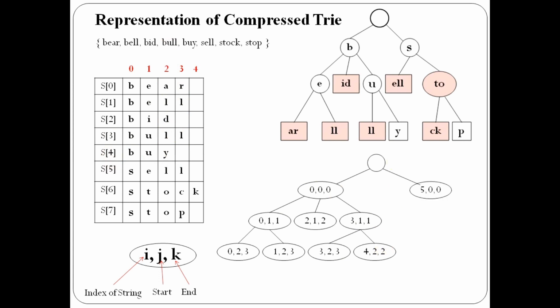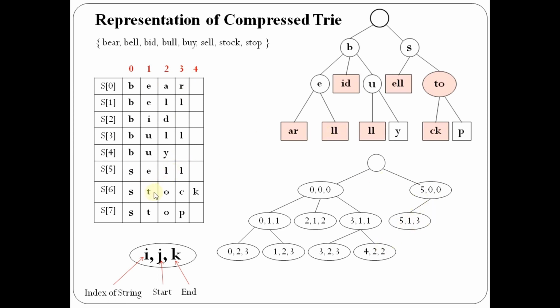Now for the S, it appears in string 5. So string 5 starting position is 0, ending position is 0. So I have mentioned here 5, 0, 0. For ELL, the string index is 5. It starts from the location 1 and ends at location 3. So I have mentioned here 5, 1, 3.